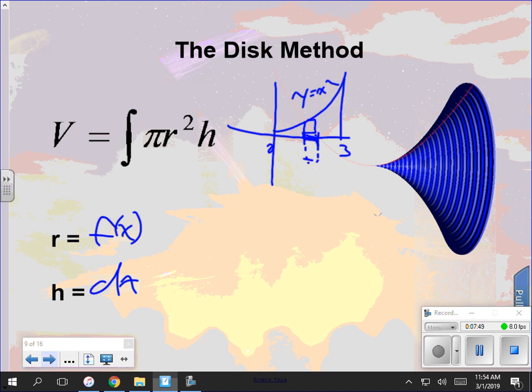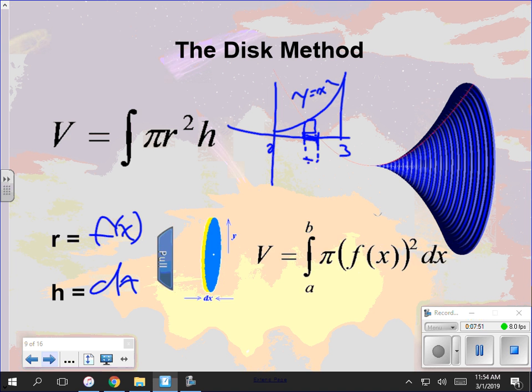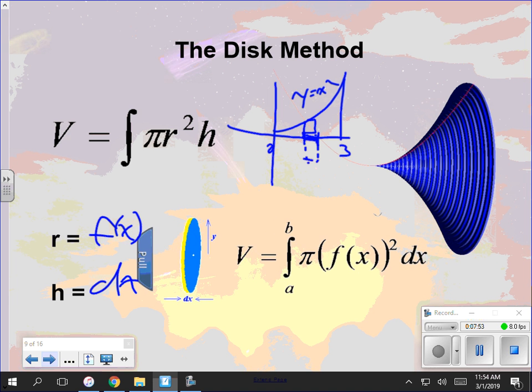Which means that our formula for the disk method is that. The volume is the integral from A to B, one edge to the other edge, pi r squared h. R is f of x, h is dx, so it's pi f of x squared dx.